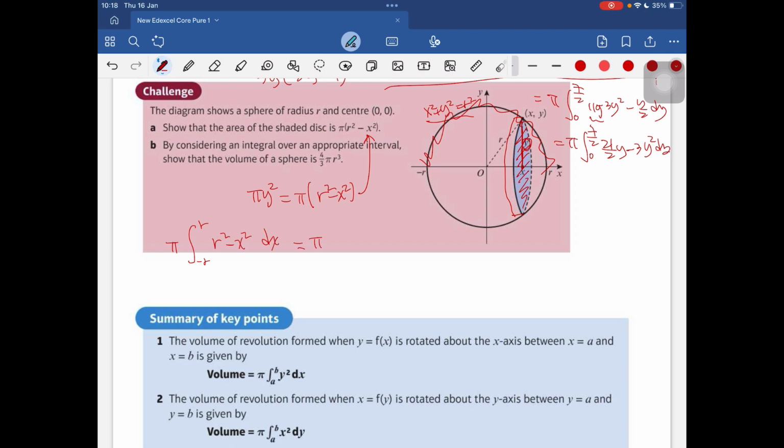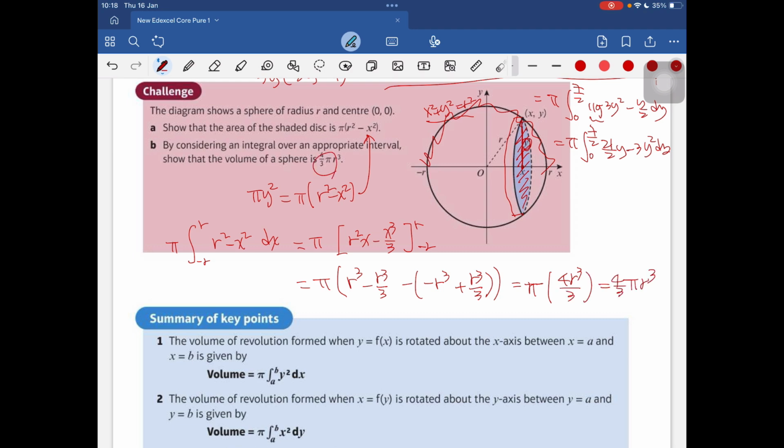So pi [r squared x minus x cubed over 3] from negative r to r, which is pi [(r cubed minus r cubed over 3) minus (negative r cubed plus r cubed over 3)]. So pi times 4r cubed over 3. That's how we deduce 4 over 3 pi r cubed. That's it.